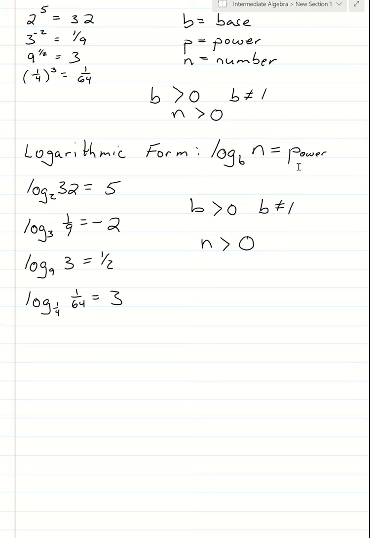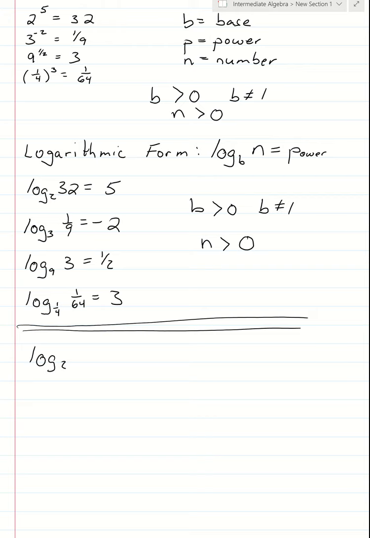Now you want to feel comfortable converting back and forth from exponential form to logarithmic form. For example, if I write log base 2 of 8 equals 3, that's logarithmic form. We want to write that in exponential form, and we would say 2 to the 3rd power equals the number 8. You're using the same 3 numbers, but just rearranging the order, okay?